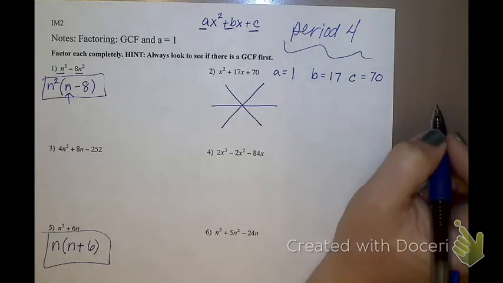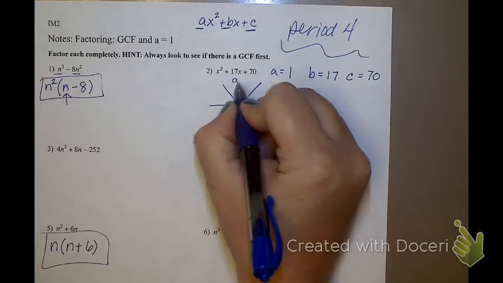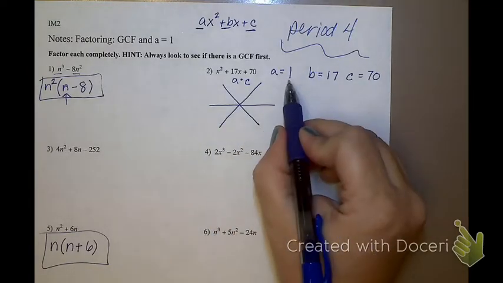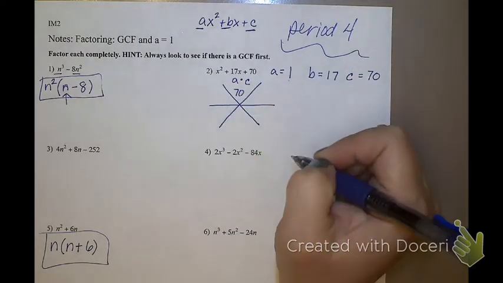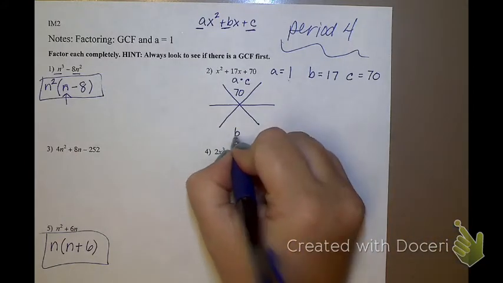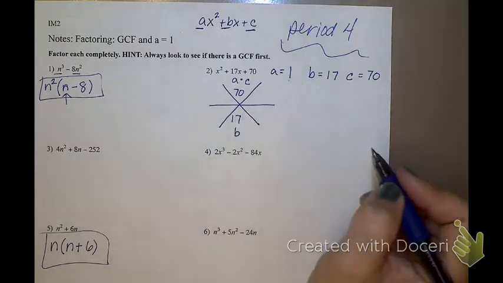So here's how the snowflake works. On the top of the snowflake, you are going to put a times c. So 1 times 70 is 70. On the bottom of your snowflake, you are going to put b, which is 17.